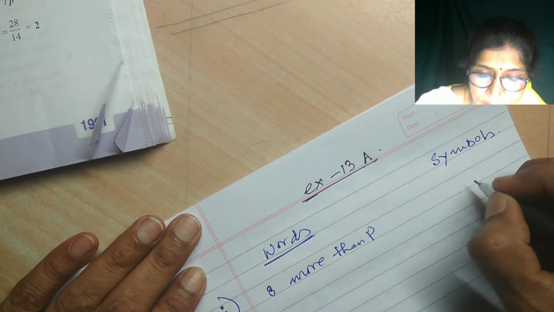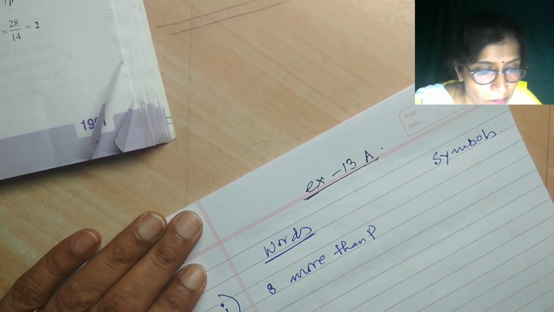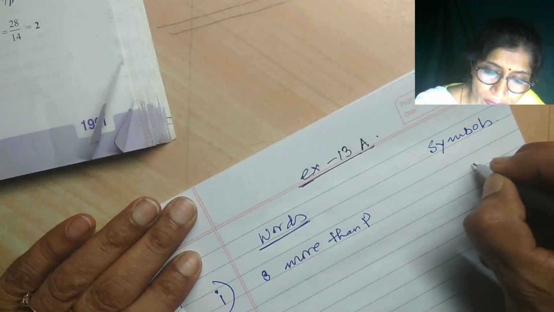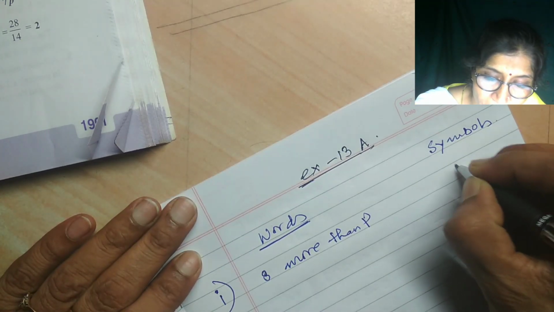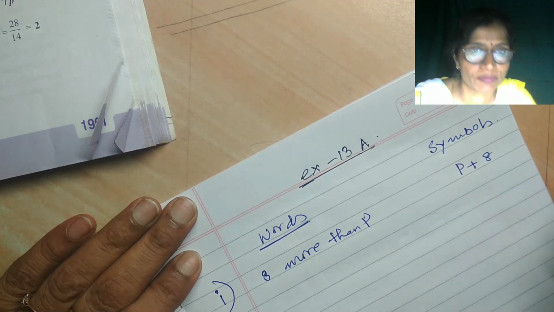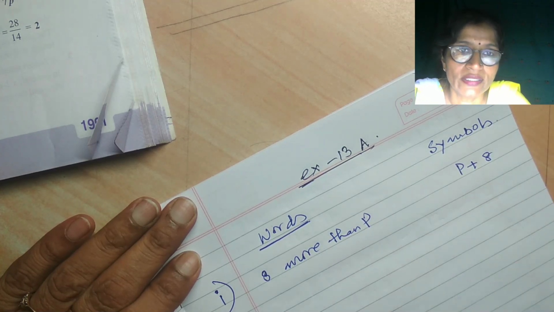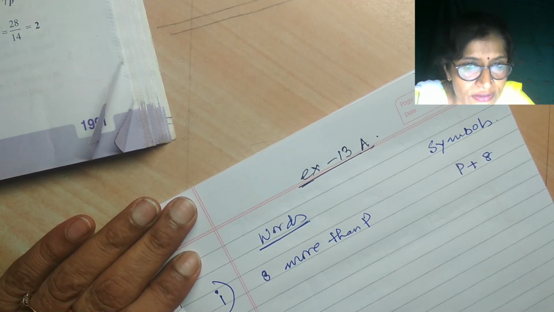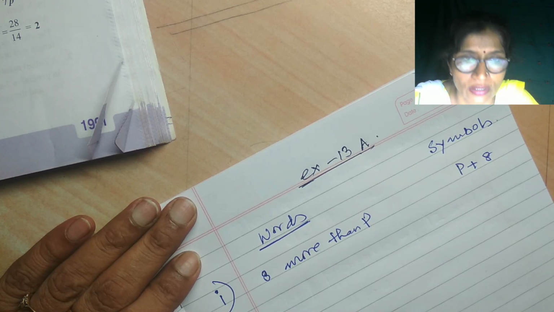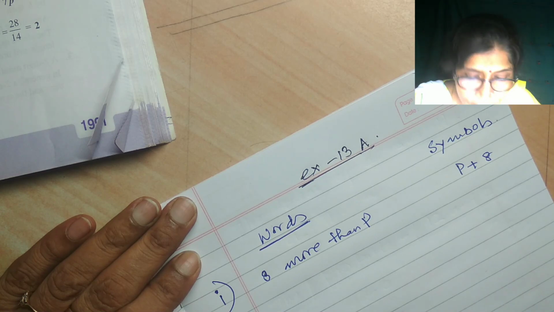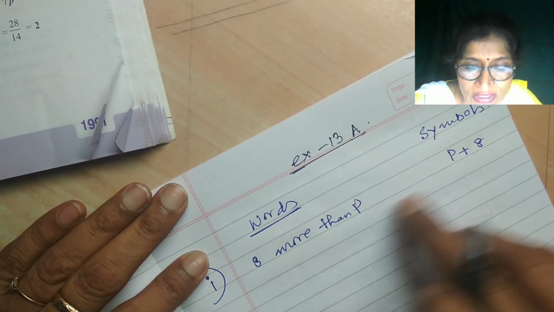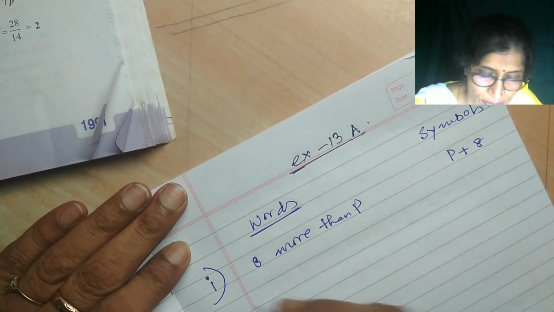How will you write it? 8 more than p will be p plus 8. Suppose I say 8 more than 10, what will you write? 10 plus 8. Yes or no? Or I say 2 more than 10, then 10 plus 2. In the same way, 8 more than P will be P plus 8.